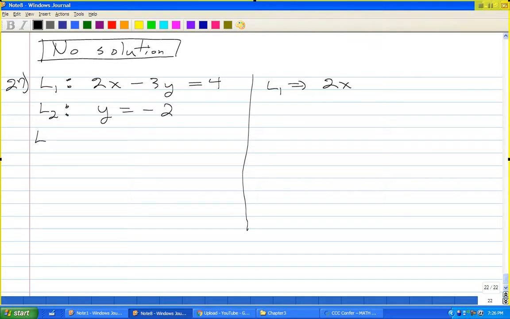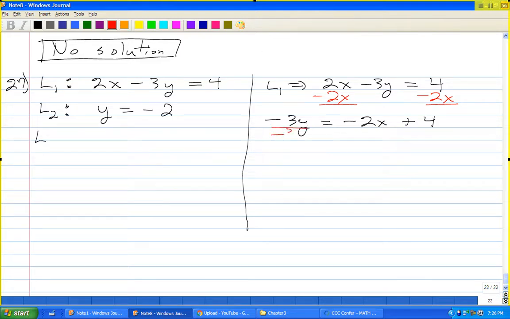And so I have 2x minus 3y equaling 4. Subtract 2x. So -3y equals -2x plus 4.